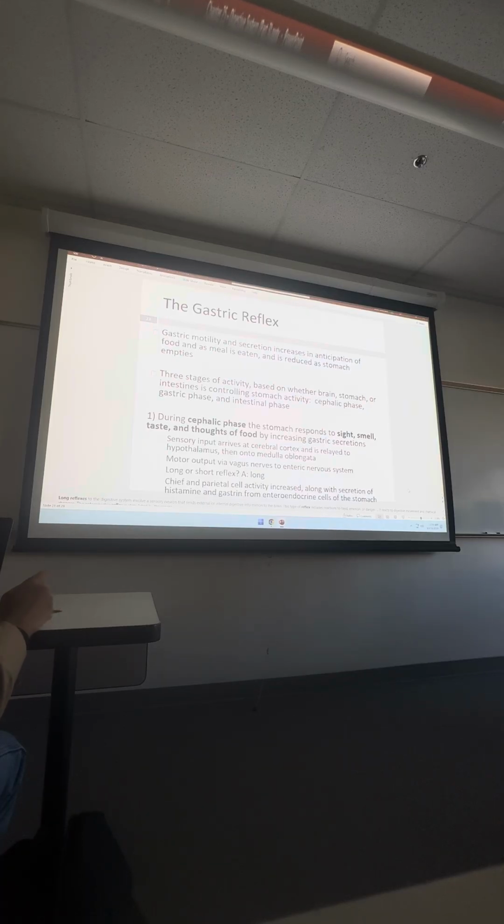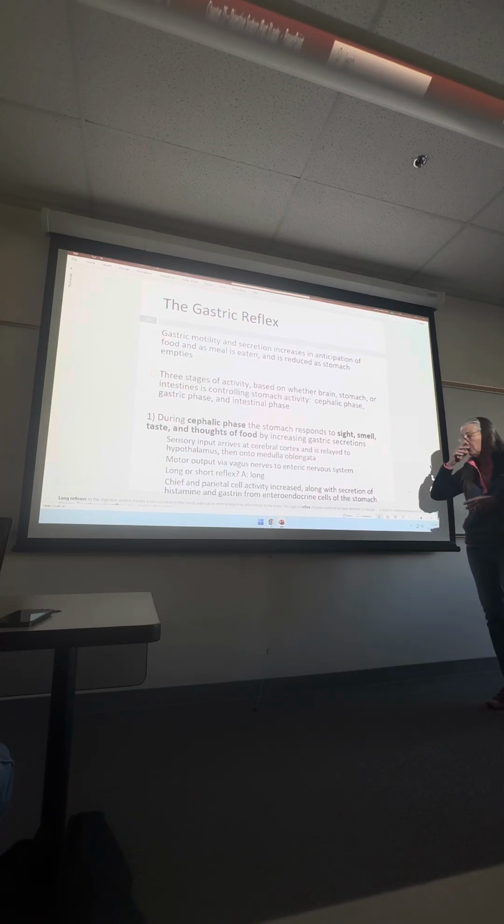And gastrin has been released and has set up that stomach motility and the release of those gastric juices. And now you want to get some food into that stomach. Absolutely. Because you don't want these gastric juices working on your stomach walls without food to work on. This is referred to as a long reflex.